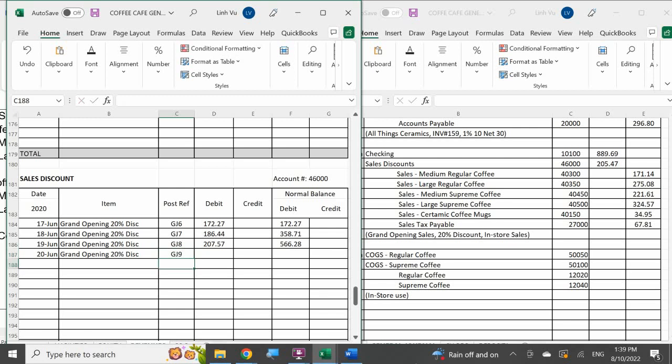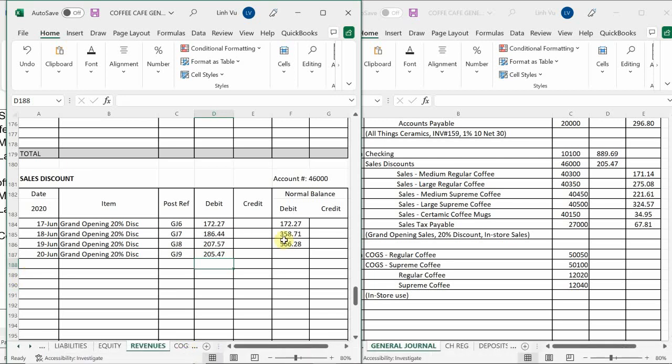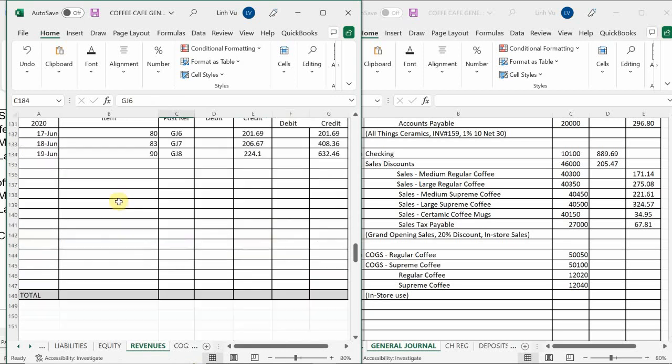And then we debit 205.47. So I have a total of 771.75. Good. Yeah. And then we go up on the same tab.